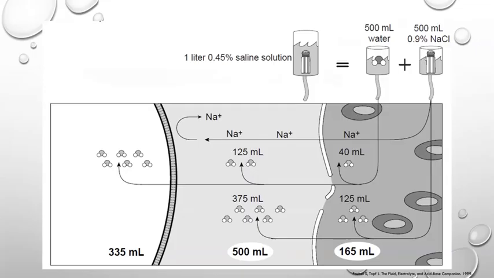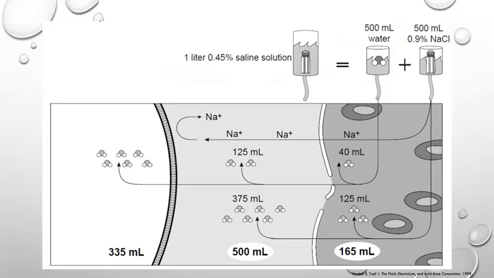The water follows our total body water distribution, where 2/3 of 500 mL, or 333 mL, goes into the intracellular fluid, and 1/3 of the 500 mL, or 167 mL, stays in the extracellular fluid. This expands both the intracellular fluid and the extracellular fluid. But the amount of water is not enough to change the overall concentration of these spaces.